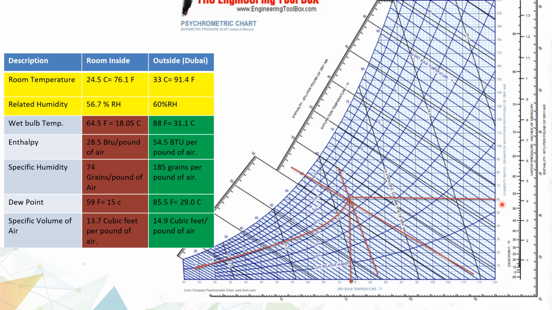Then specific humidity, it's here. You can see this is 74 grains per pound. That means in 1 pound of air you will find 74 grains of water moisture. 1 pound is equal to 7,000 grains. Then dew point you can find here. Dew point says 59 degrees Fahrenheit.